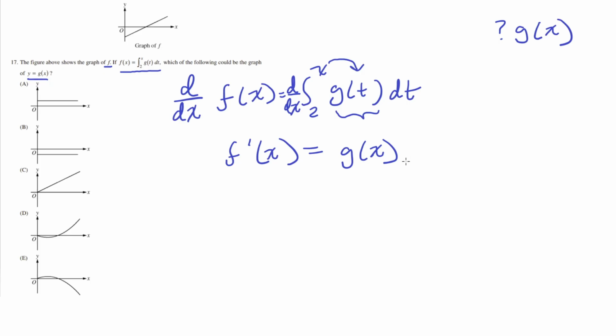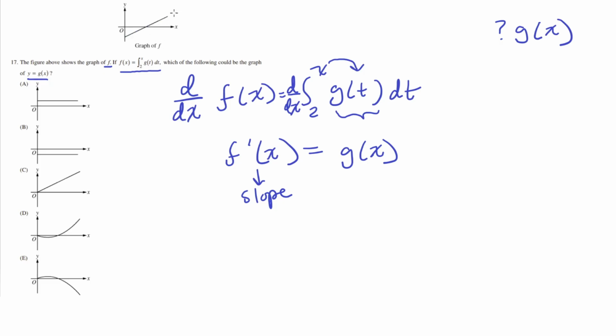So this here is our right-hand side, and we see that this is g of x. So what this means is that g of x is equal to the first derivative of f of x, or g of x is equal to the slope of f of x, because the graph of f of x is given here, and we see that it's this straight line.